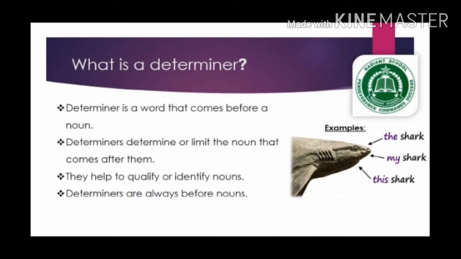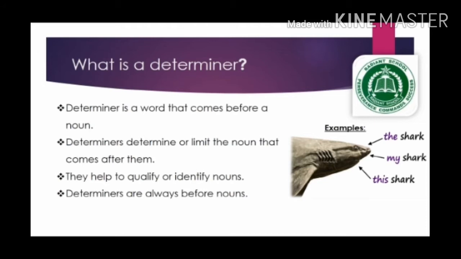What is a determiner? A determiner is a word that comes before a noun. Determiners determine or limit the noun that comes after them. So determiners tell us the meaning of a noun, or explain the meaning of a noun in different aspects.